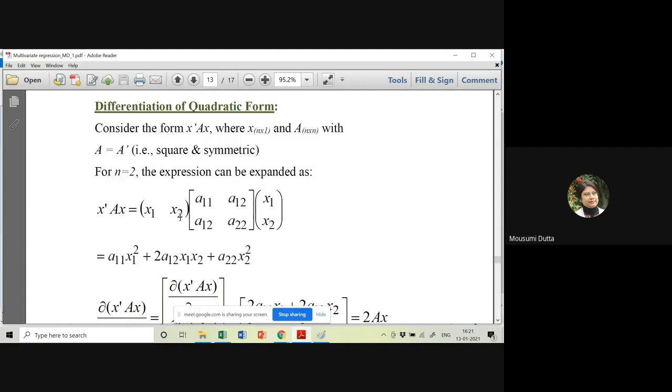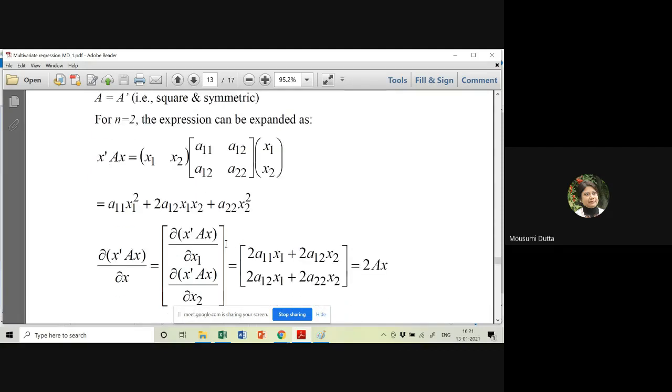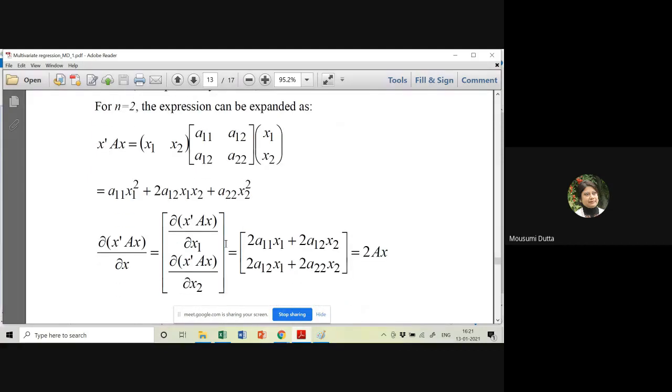So first you multiply this with the matrix and you will get one matrix. Then you multiply the terms with this column, the last column. You will get the values a11 x1 square plus 2a12 x1 x2 plus a22 x2 square. Whatever is important, here we have the square terms.